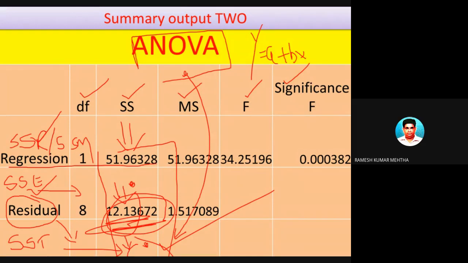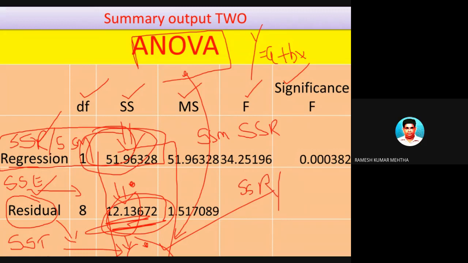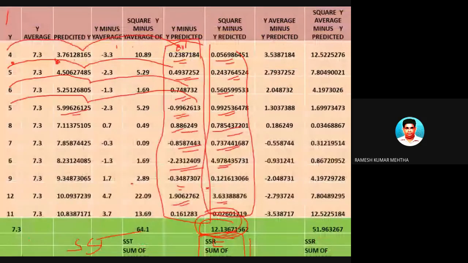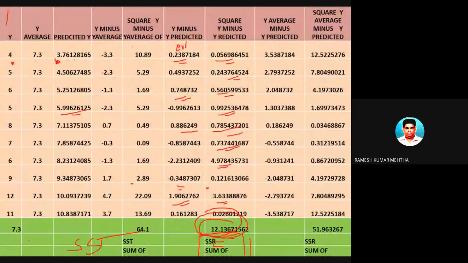Now let's talk about how to calculate sum of squares regression or sum of squares model. So this is also called sum of squares model. How do you find out this value is the next part of our discussion, that is sum of squares regression, which is also called sum of squares model. Now let's put our whole concentration on finding out that particular sum of squares model or sum of squares regression.